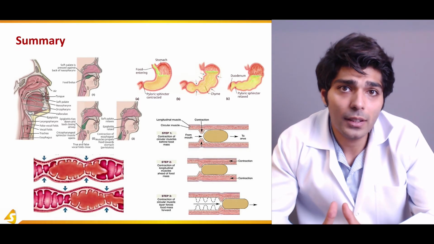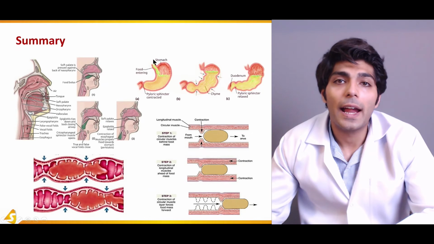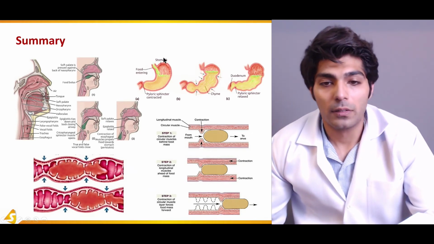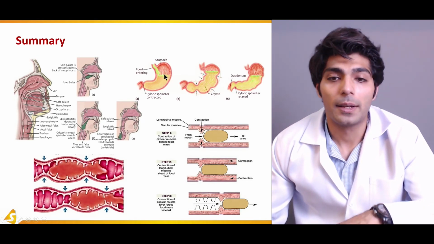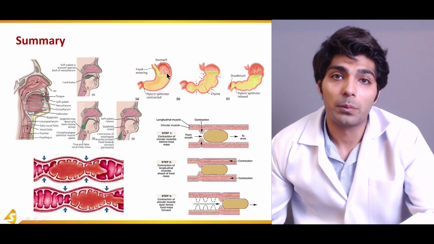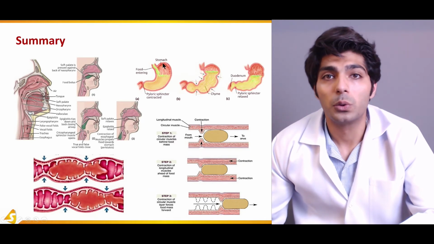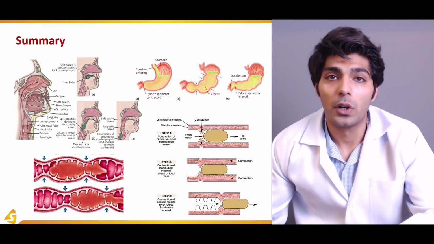So this sphincter is relaxed, and the food enters into the stomach, where the motor functions are performed. Once the food enters, there is the release of gastrin from the G cells, the release of HCl from the parietal cells, and the intrinsic factor, causing the food to convert into a more semi-fluid consistency, which we call chyme.